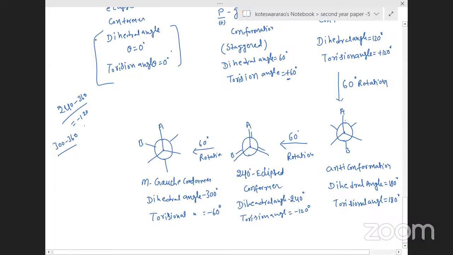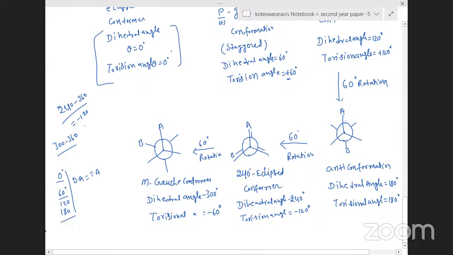Just remember that we have 0 degrees rotation. Here, there is no need to do anything to identify the torsion. At 60 degrees rotation, it is a direct rotation. Up to 180 there is no problem: at 60, 120, the dihedral angle is equal to the torsional angle.